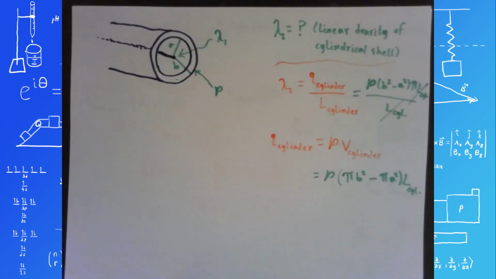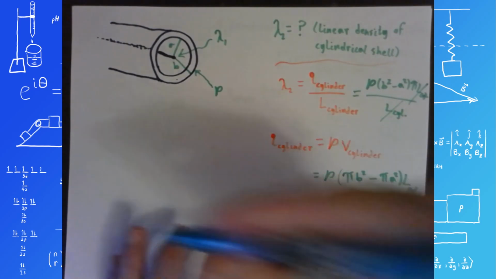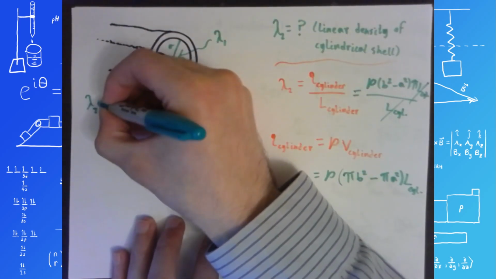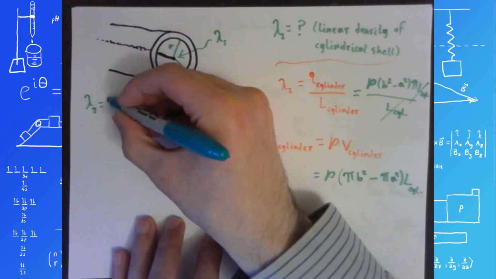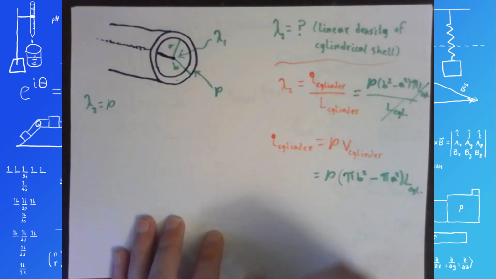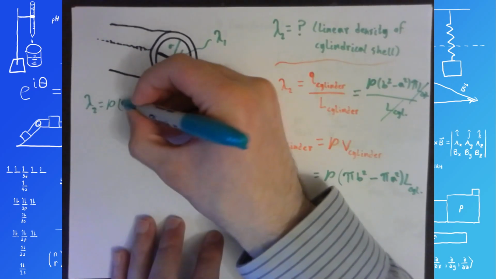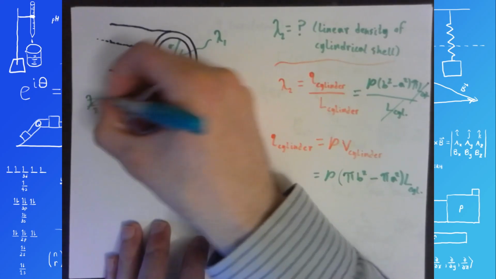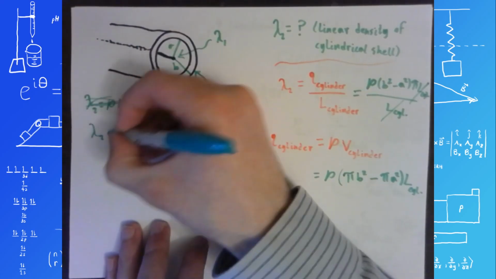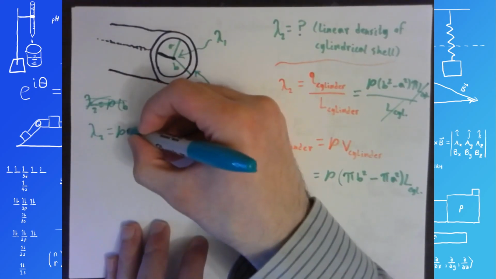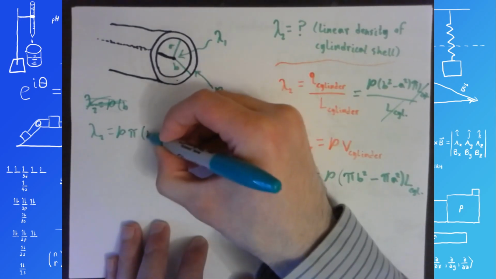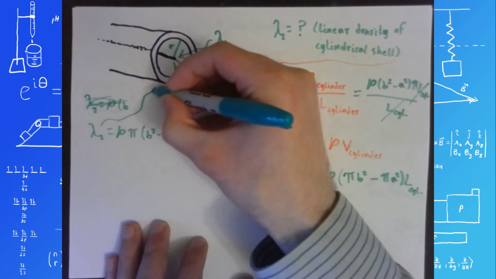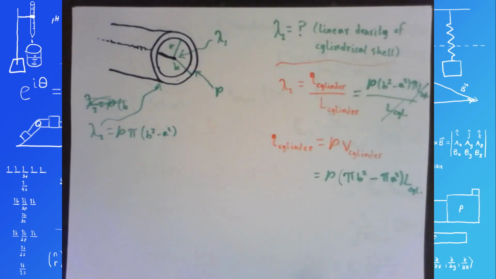And lambda 2 is equal to, I'll write it over here, the given volume charge density times, I forgot the pi. Let me try that again. Lambda 2 equals rho pi times b squared minus a squared. And that's on the cylindrical shell.